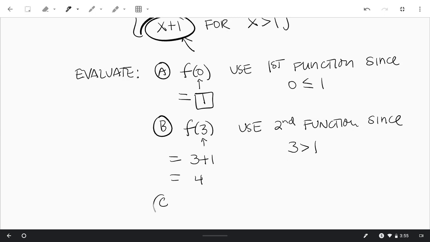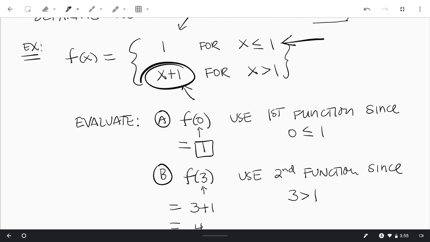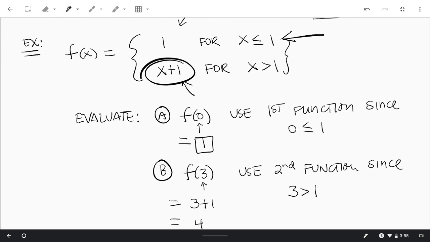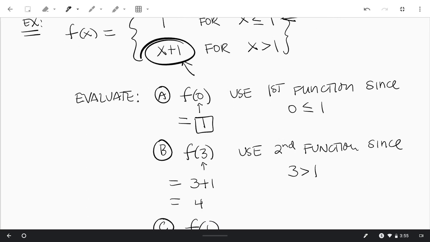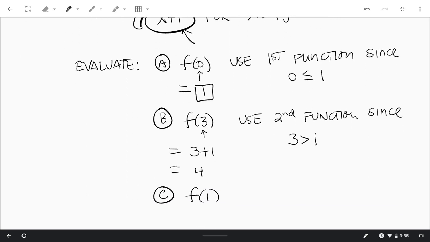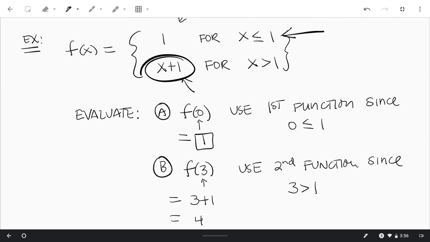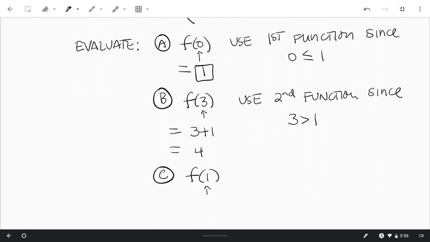And what about this last one, f of 1? Which of the two am I going to use? The first one, the top one, or the second one, x plus 1? This 1, is 1 less than or equal to 1, or is 1 greater than 1? It's less than or equal to 1.